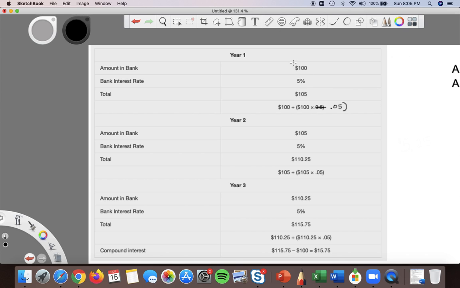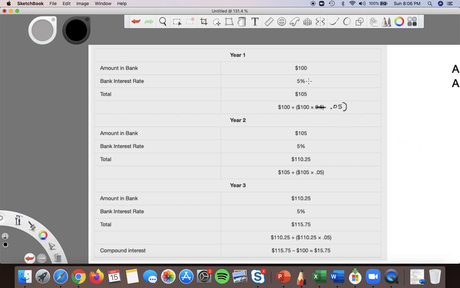So you have $100, you put it in this account earning 5% interest. At the end of that first year, you'll have $105 in that account. The way you get that is you take the principal, the $100, and then you add onto that $100 the interest payment, which you get by multiplying the principal times the interest rate.